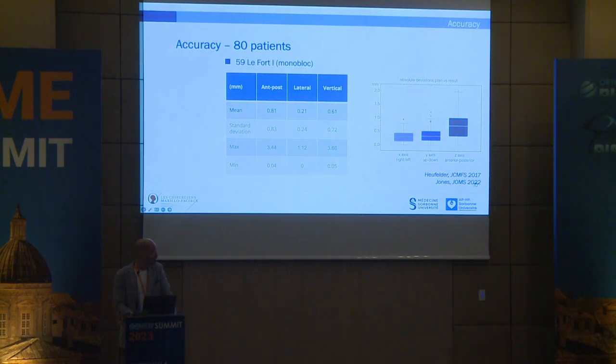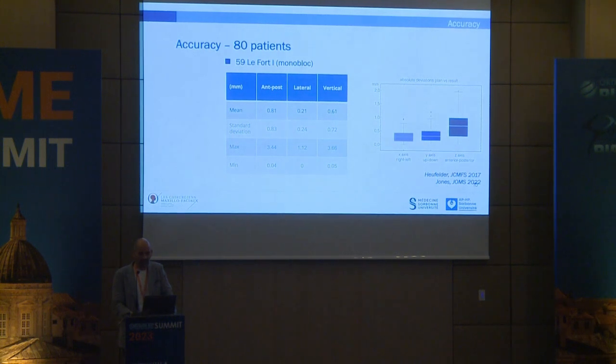Now, this being said, you see that there are a few outliers in this result, a few patients for which the result is not good. Very few cases, very few and far between, but over 60 Lefort 1, there were also Lefort 1 segmented, and it seems that when you have a segmented Lefort 1, the fragments are smaller and you have more resistance.